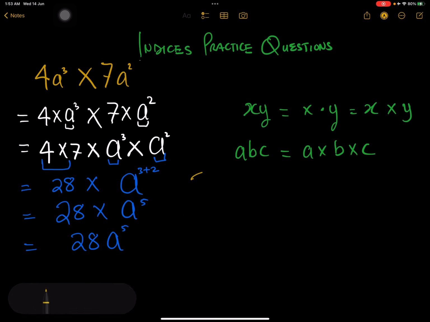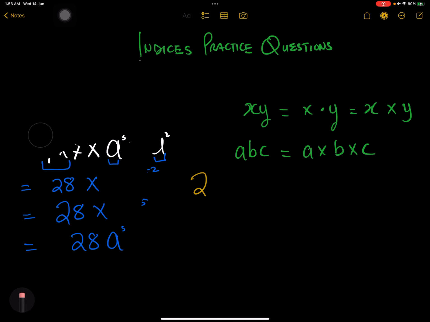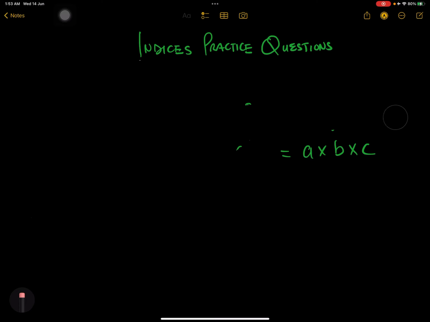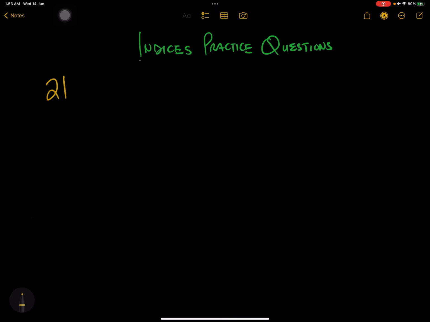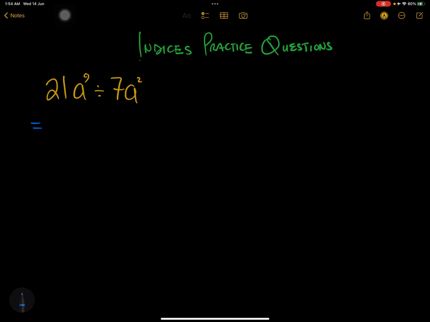The last one, we have 21a to the power of 9 divided by 7a to the power of 2. Oh, should I wipe the board? I think I should do that. So here, what we're going to do is to rewrite this again as 21a to the power of 9 divided by 7a to the power of 2.